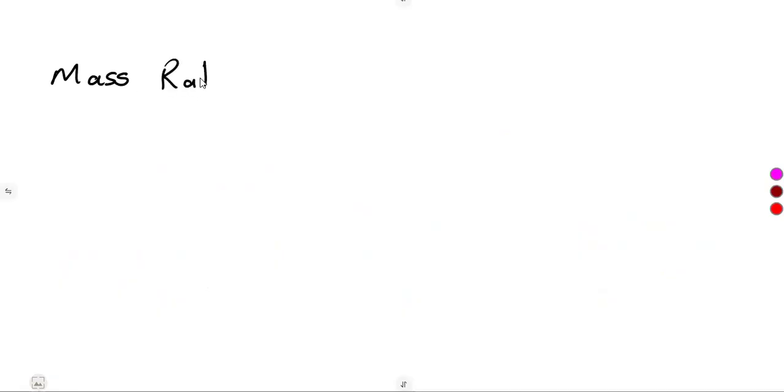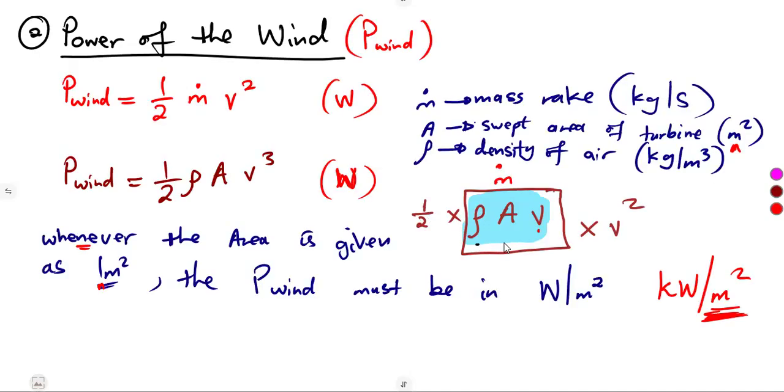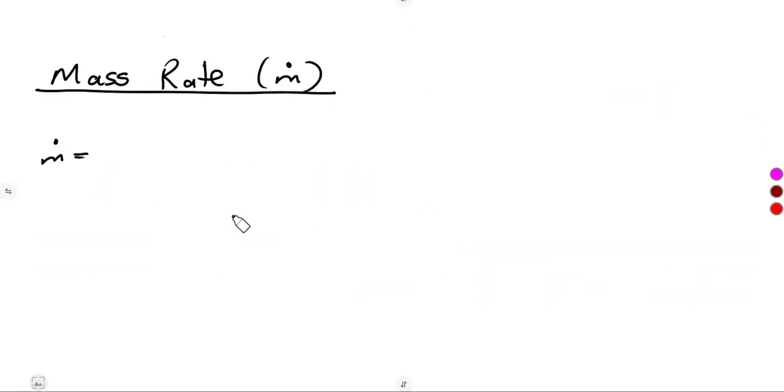You can simply take it from the formula that we had for the power. The mass rate is equal to the density of air, the swept area of the turbine, and the velocity of air. That is density times area times velocity. This gives us the mass rate in kilograms per second.